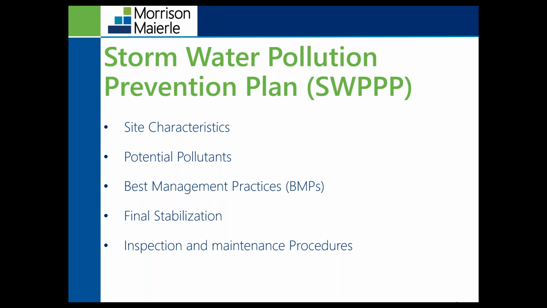We've got to describe the measures to achieve vegetative coverage after soil disturbing activities have completed, and describe inspection and maintenance procedures implemented to maintain all BMPs identified in the SWPPP. For this SWPPP, you can download the 10-page form from DEQ's website, fill it out, complete it, and then submit it to DEQ.